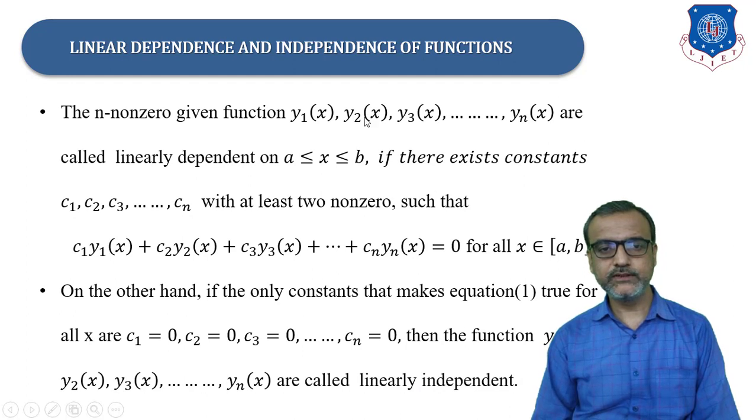If for the given functions we write down the linear combination like this, and find all values of c1, c2 up to cn equal to 0, then the functions are called linearly independent.